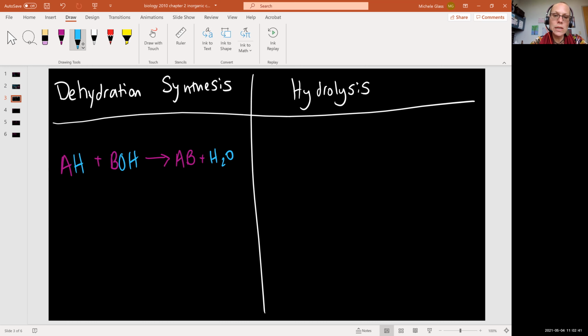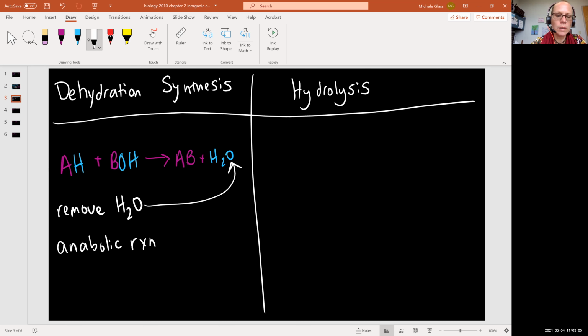So dehydration synthesis is removing two hydrogens and an oxygen. So you remove water, remove H2O, in order to perform an anabolic reaction, right? Anabolic means building or making something new. So here we've removed the water and here we've made something new. This is a dehydration synthesis reaction.